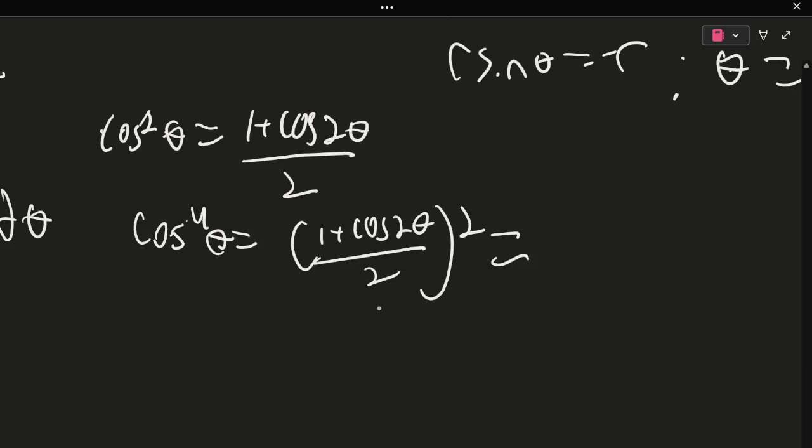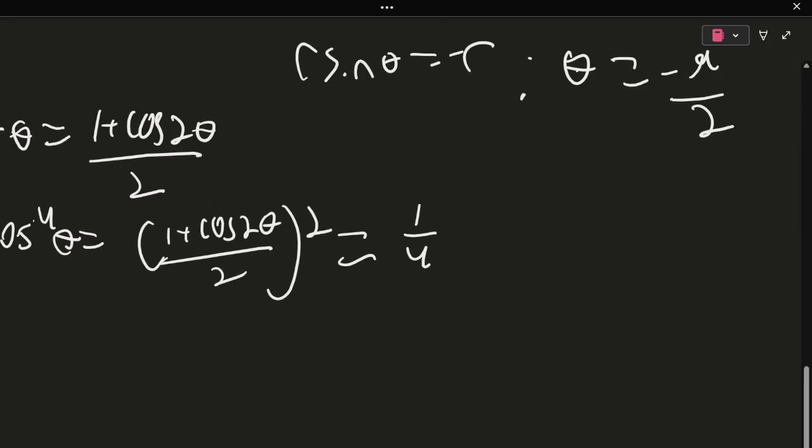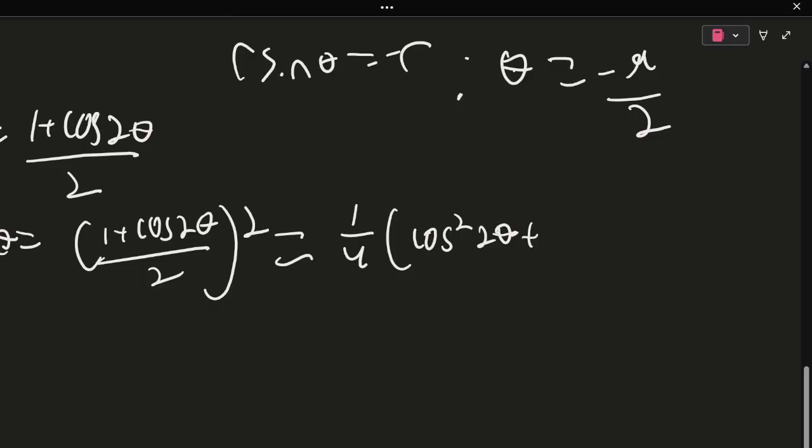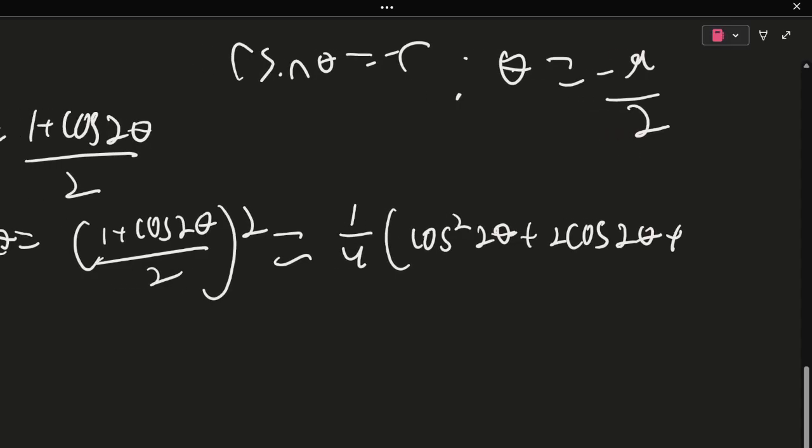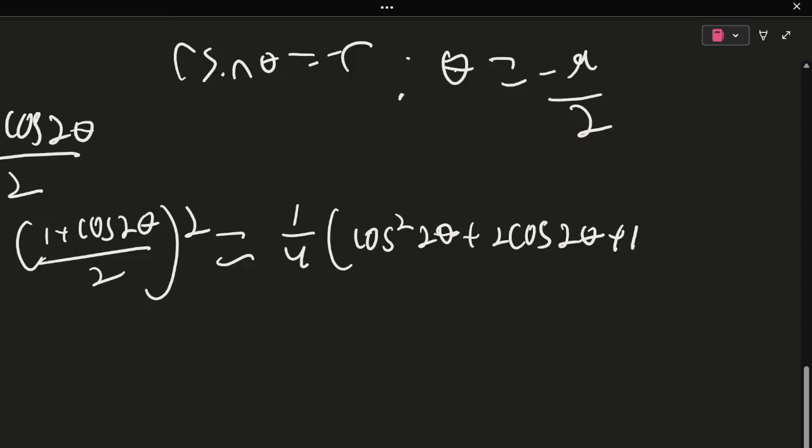Or sorry, we'll start off with our other value. So we have 1/4, our denominator value, is equal to cosine squared of 2 theta plus 2 cosine of 2 theta plus 1.